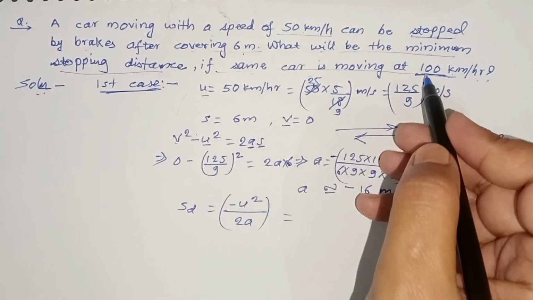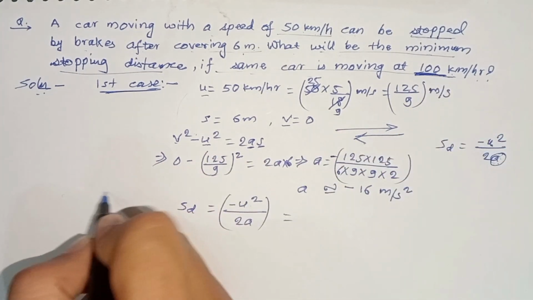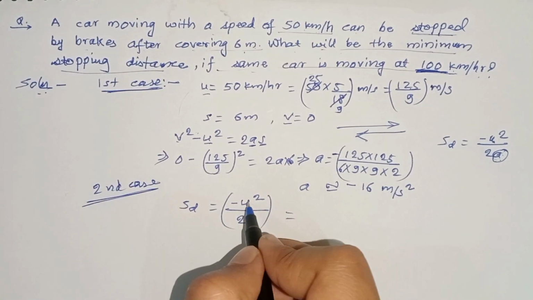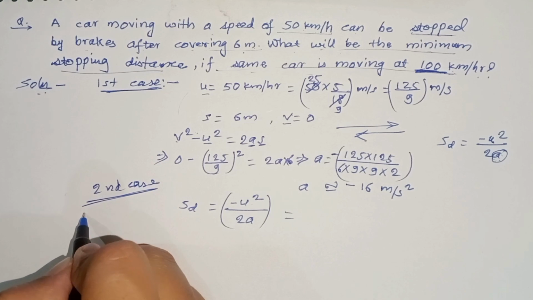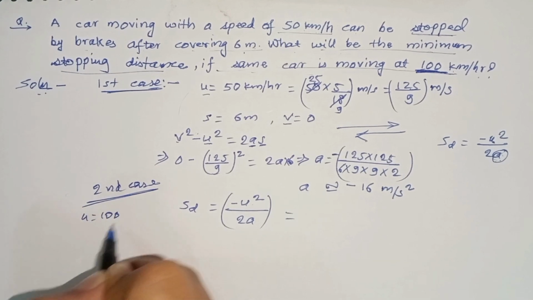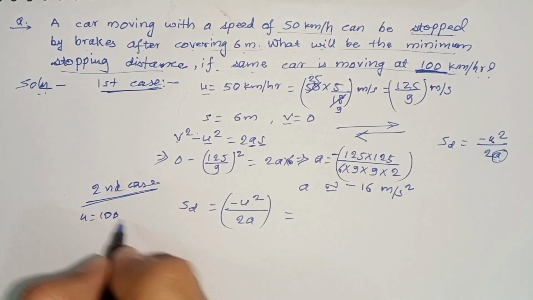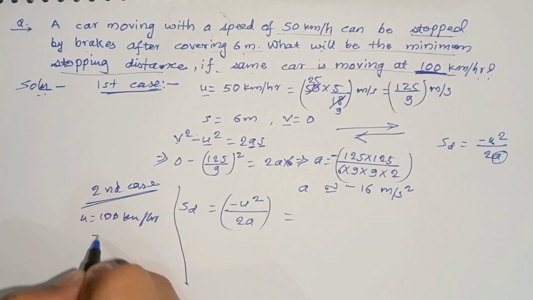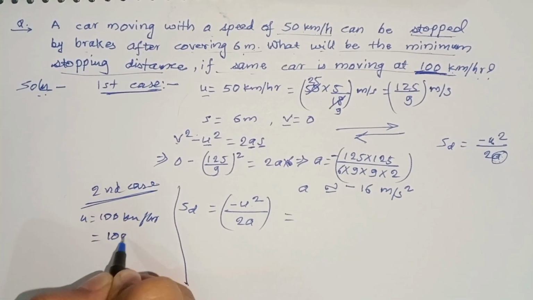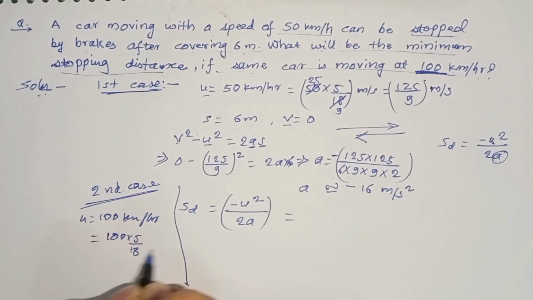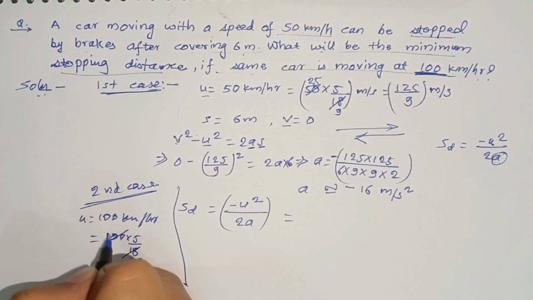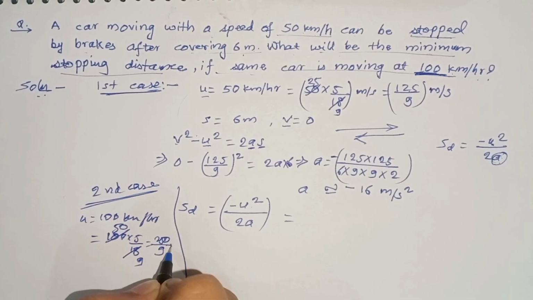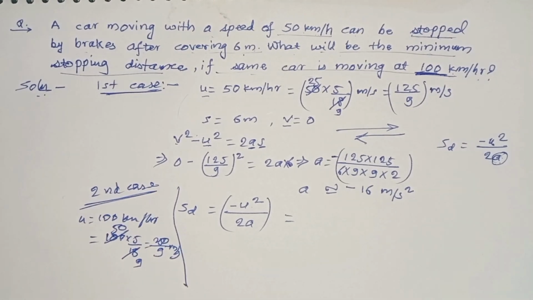Now in the second case, the initial velocity u is 100 km per hour, given. 100 into 5 by 18 is 250 by 9 meter per second.